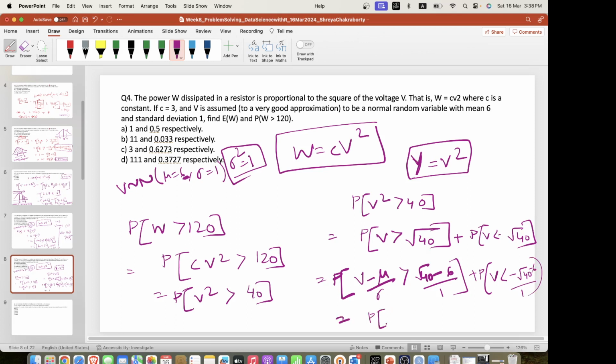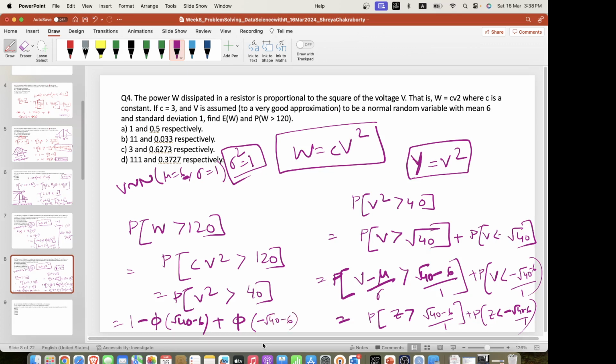So we can write it as probability Z greater than root 40 minus 6 by 1 plus probability Z less than minus root 40 minus 6 by 1. So this one will be 1 minus phi of root 40 minus 6 plus phi of minus root 40 minus 6.